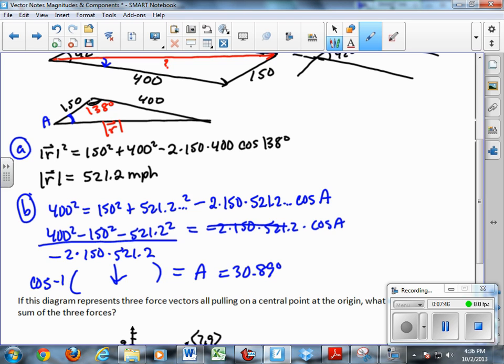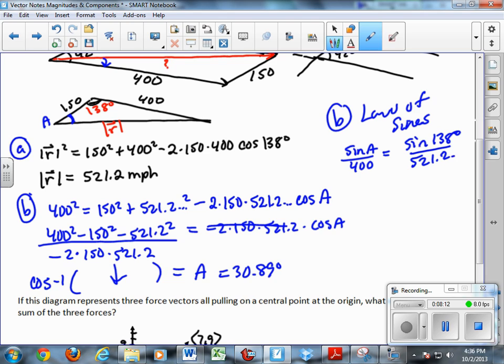Now what if we did part B using law of sines? This one actually might be a little less cumbersome. So I could say sine of A over 400 is equal to sine of 138 divided by 521.2... So sine of A is equal to 400 sine of 138 divided by 521.2... And so A is equal to inverse sine of all of this.